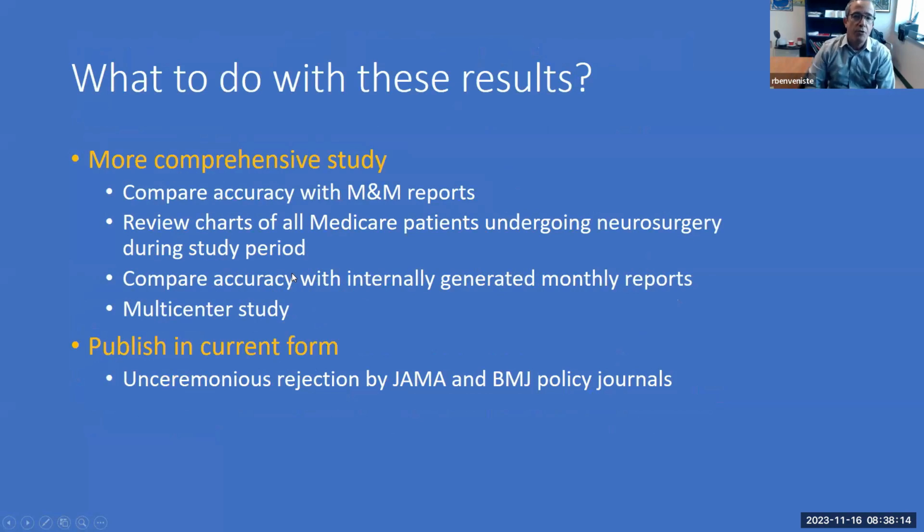So what do we want to do with these results, right? I wanted to do some more comprehensive analysis to address a lot of the weaknesses of the study. I wanted to compare the incidence of these PSI, at least in our neurosurgical patients, with morbidity and mortality reports, also for other services like orthopedics and transplant surgery. I'll say this with some frustration, you can hear it in my voice.